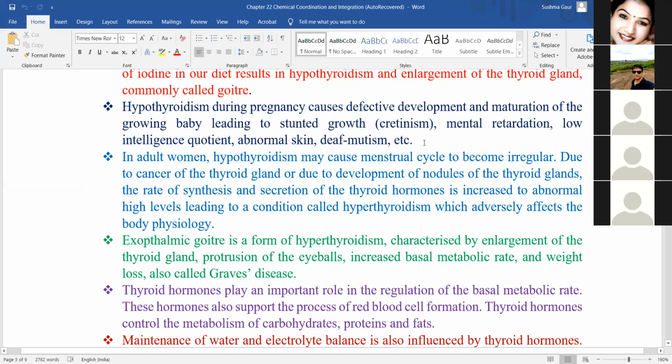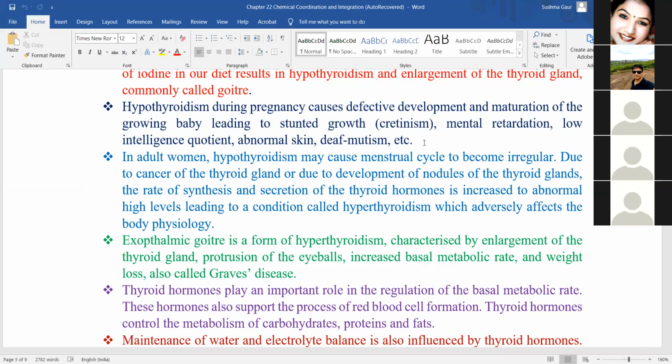So deficiency of iodine will produce a disease known as goiter or hypothyroidism, and deficiency of iodine in a pregnant woman can cause many effects on the baby.